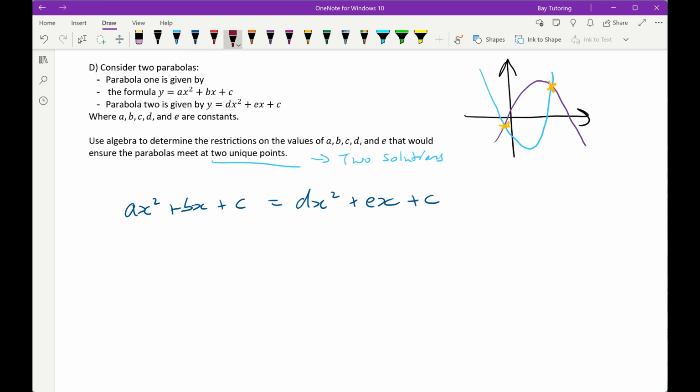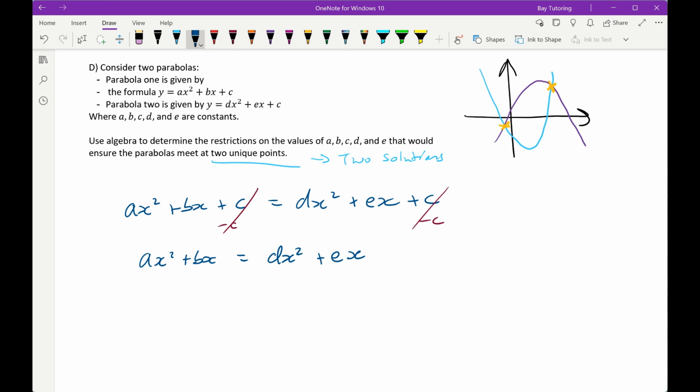Now notice we've got plus c on both sides. So if we take away c from both sides, that's just going to cancel those out. So ax squared plus bx therefore equals dx squared plus ex. So again, a, b, and we don't have c anymore, but a, b, d, and e are numbers. So this will be a quadratic equation, so long as a and d are not the same number. So it's a quadratic, so it needs to equal 0 to solve it.